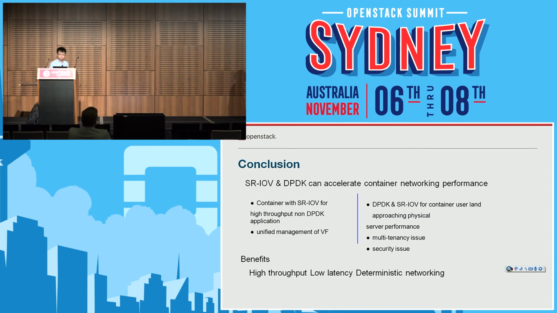So the benefit is, compared to a VM, we could achieve the same or even better performance because we don't have the virtualization layer. We just use namespaces. So the performance should be the same as the physical server. But at the same time, containers are managed by Zun and other OpenStack components.